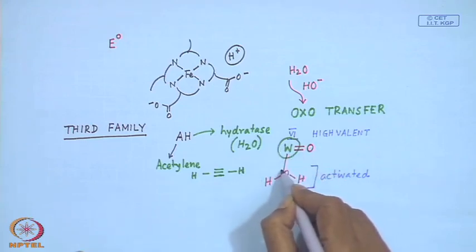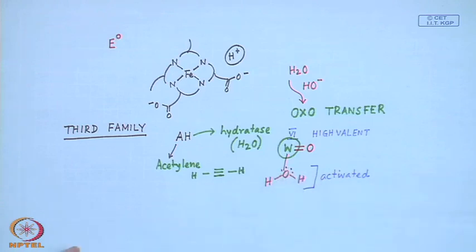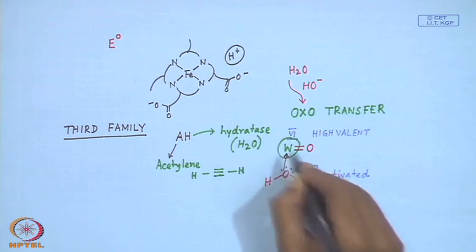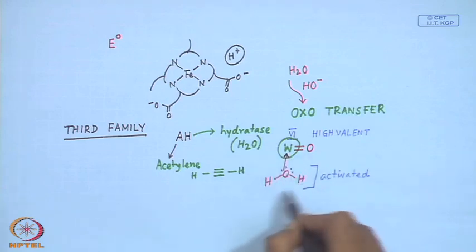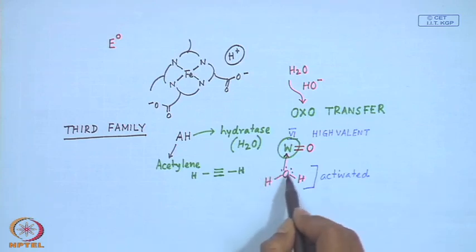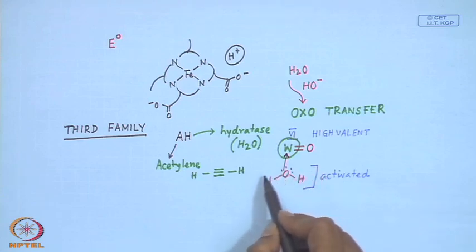So, we have two lone pairs of electrons on this water molecule. One of the lone pairs is getting donated to the tungsten site, but still the polarization is not that big that we expect there should be some deprotonation of any of these hydrogens as H plus, but it is getting activated.